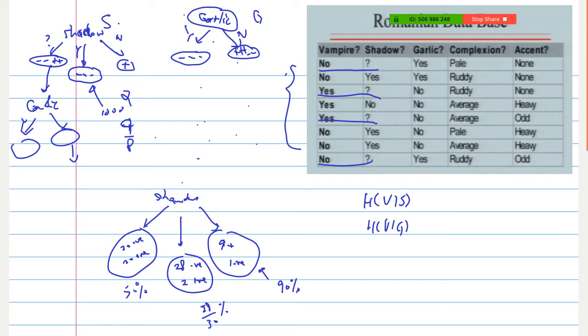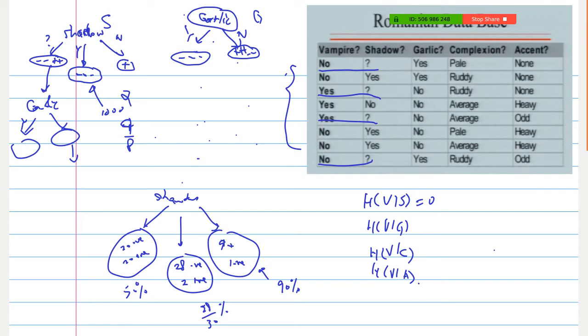If this one is equal to 0, then it will be a perfect test, right? We want to look at several tests here: H(V|S), H(V|G), H(V|C), H(V|A), and we want to look for the one that is as small as possible.